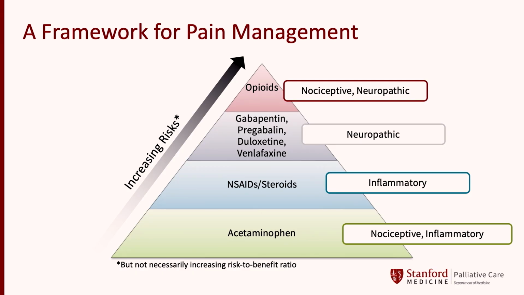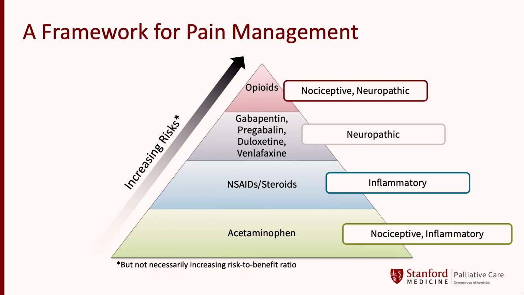Medications like acetaminophen or Tylenol can target that nociceptive pain that Amy was talking about and also may help with some inflammatory components of pain. Our non-steroidal anti-inflammatory drugs, commonly known as NSAIDs, and steroids are potent anti-inflammatories, so they really help with inflammatory pain.